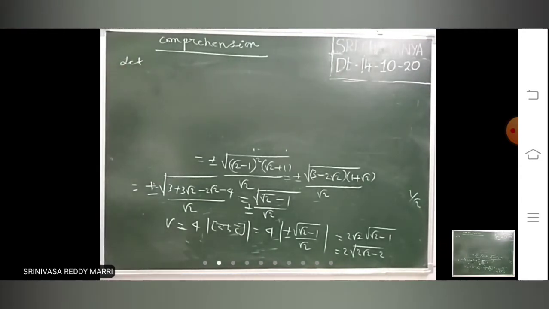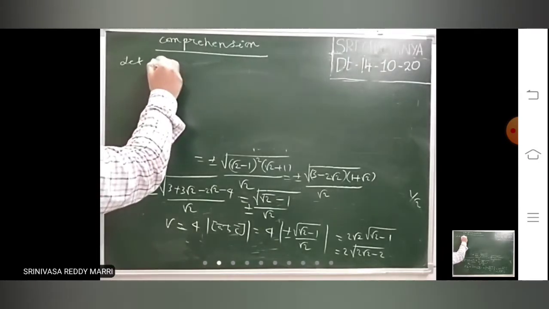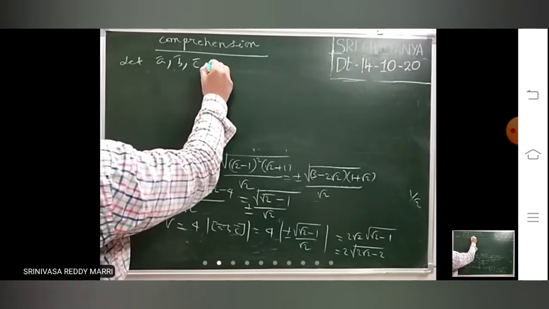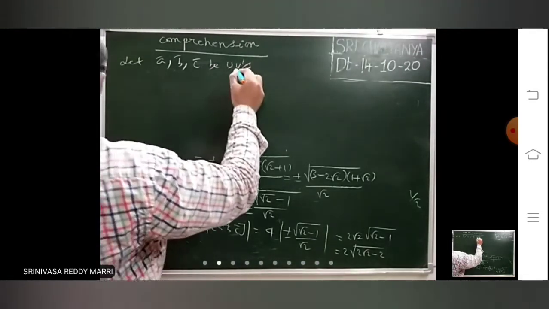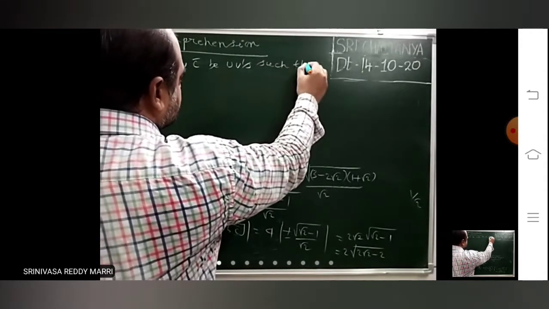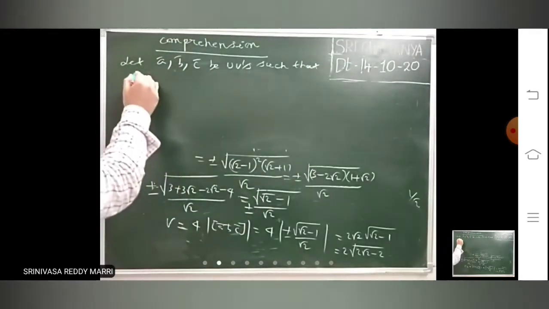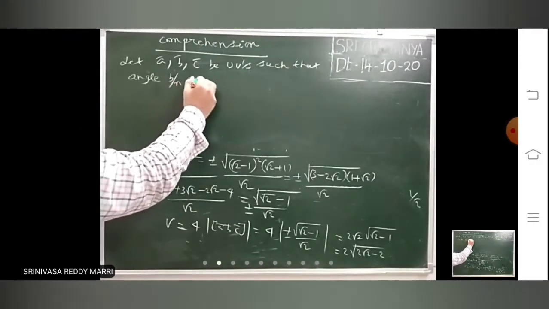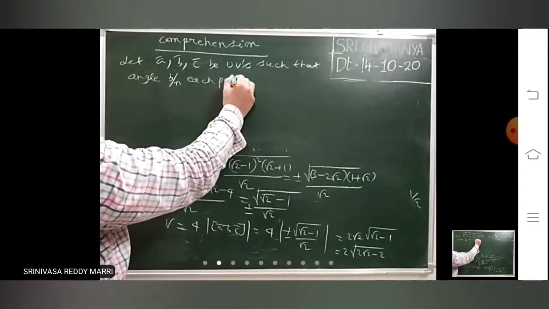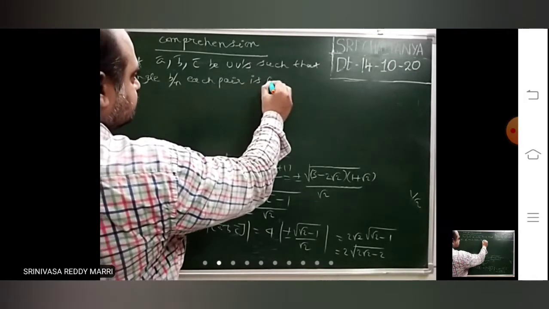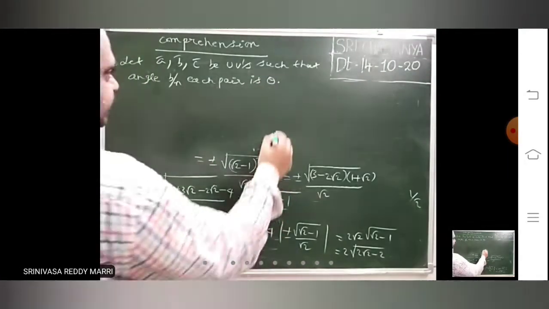Let A bar, B bar, C bar be unit vectors such that the angle between each pair is theta.